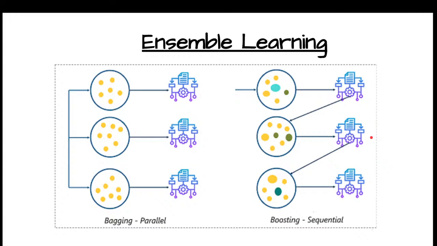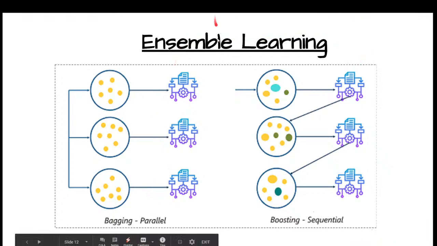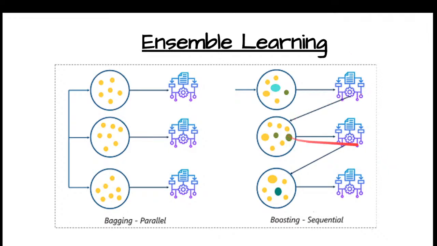We can connect a number of weak learners to form a strong learner. We can consider this whole model as a strong learner, and all the smaller models connected in here are weak learners. So when we pass the data to the next model, the data that was not calculated correctly should be weighted more.